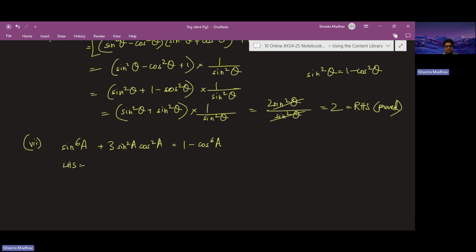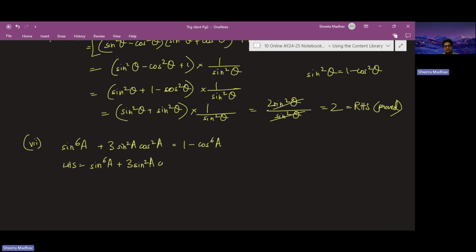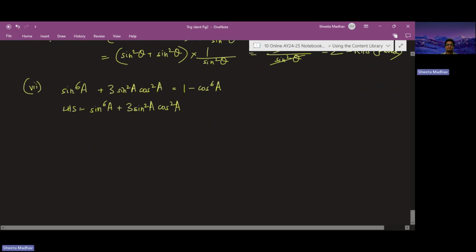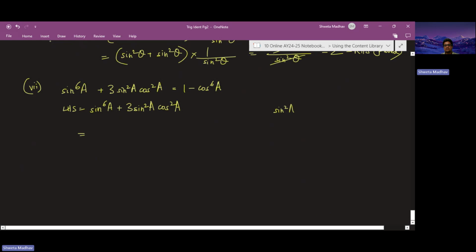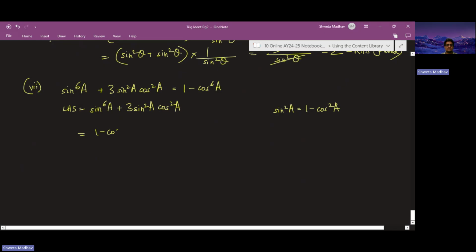So in the left hand side, it is sin power 6a plus 3 sin square a into cos square a. So sin square a, we know that we can write as 1 minus cos square a.